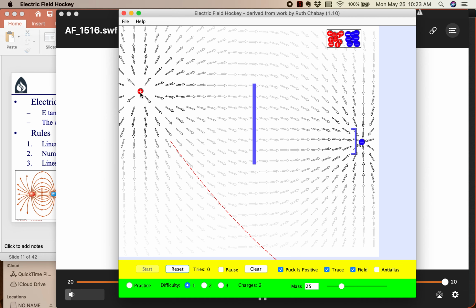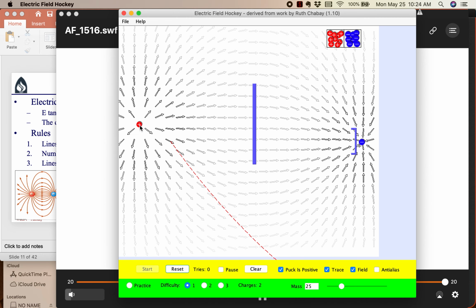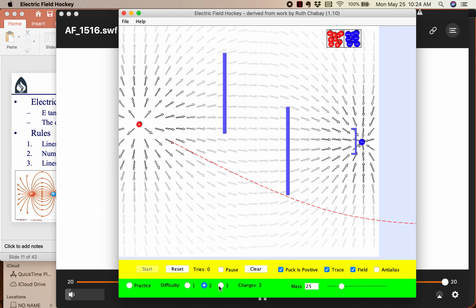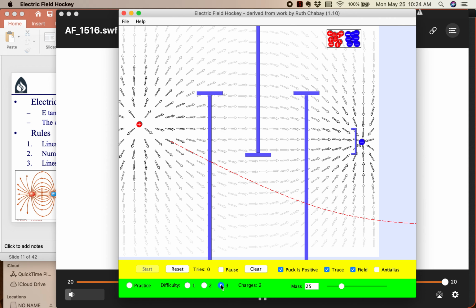So we can practice putting the charge in different places, resetting, and seeing what happens. It will take a few tries to get around this barrier. There's also a level 2 and a level 3, which is really tricky. So if you want, you can try that out. It's quite a bit of fun, and it helps you to see how the electric field can cause the positively charged puck to move.